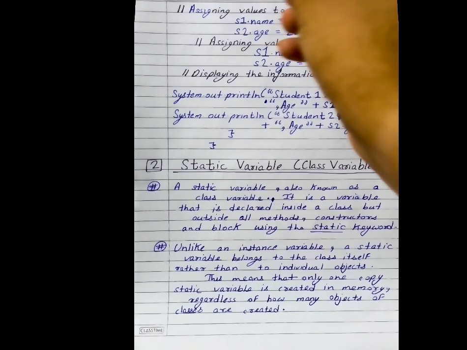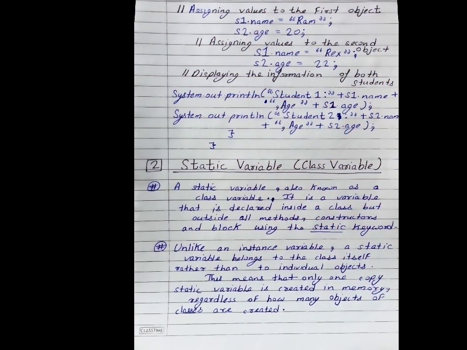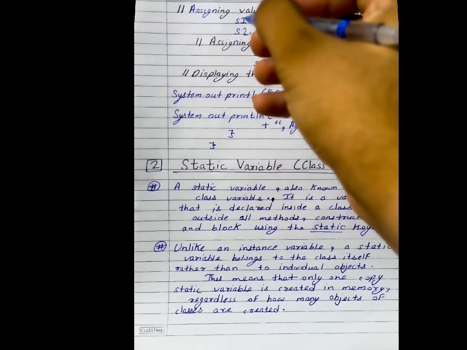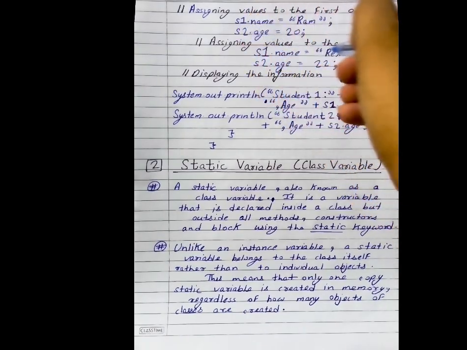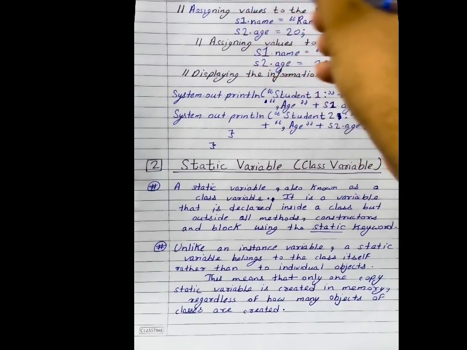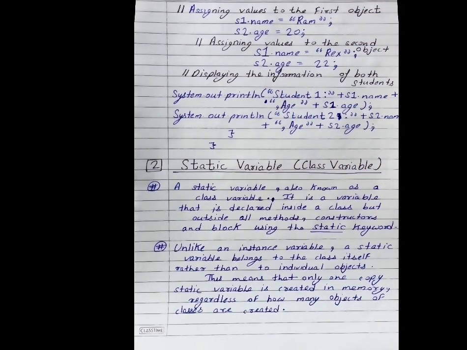So here we can see that in this code we are assigning the values to the first object and second object, and after that when the program is executed, each object displays its own values. This demonstrates that instance variables store data independently for every object. Now let's move to static variable.